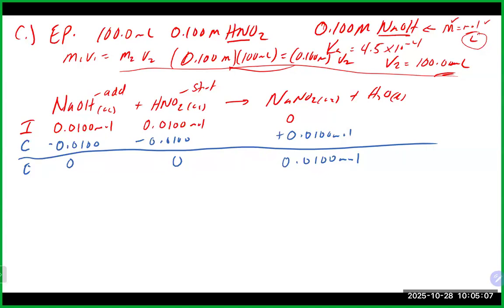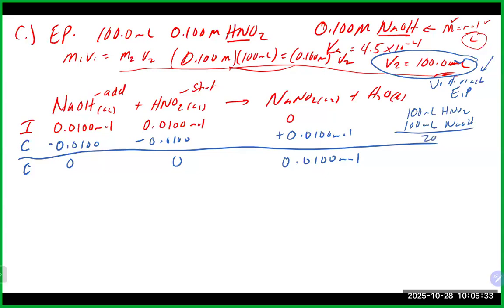Now, the importance of obviously figuring out that volume to reach the equivalence point is for right here, because we do want to convert back into molarity. So we want our total volume. Obviously here we started with 100 milliliters of the acid. We did our calculation here to figure out we also need to throw in there 100 milliliters of our base.